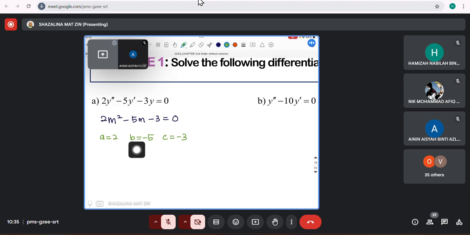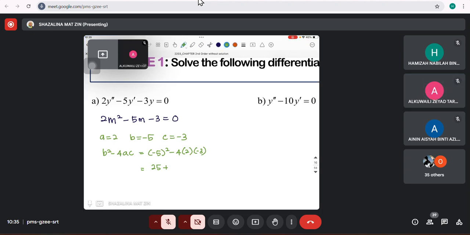We need to calculate b square minus 4ac. Substitute minus 5 square minus 4, 2, minus 3. 25 plus 24. So it will become 49.